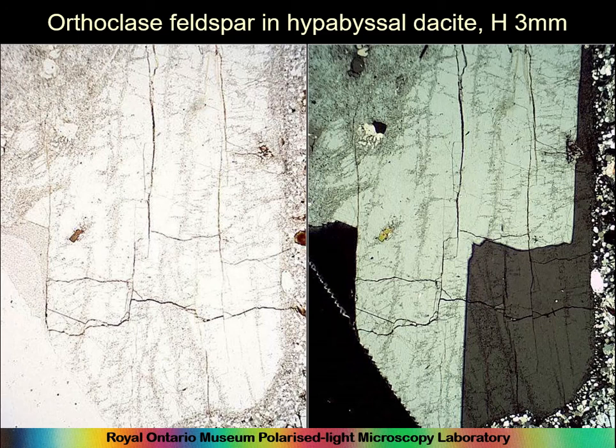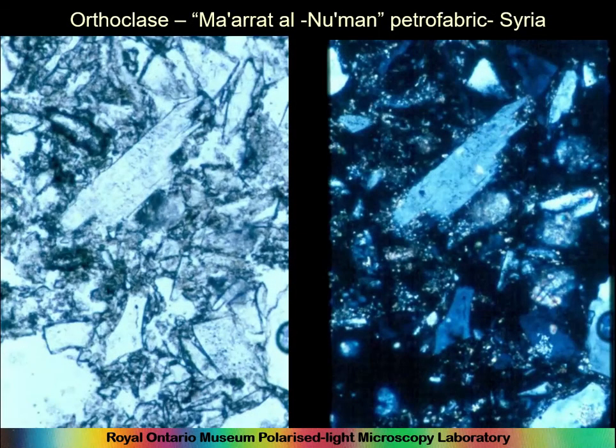Basically, this is a feldspar, distinguished from quartz because of its cleavage, which has no twinning. So it's really just an untwinned feldspar, but it's probably orthoclase. So that's probably what this is as well, here in plain polarized light and here in cross-polarized light.